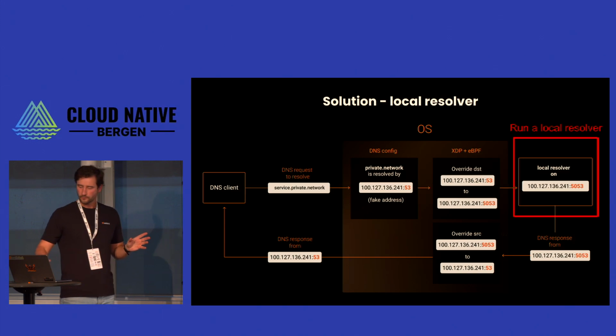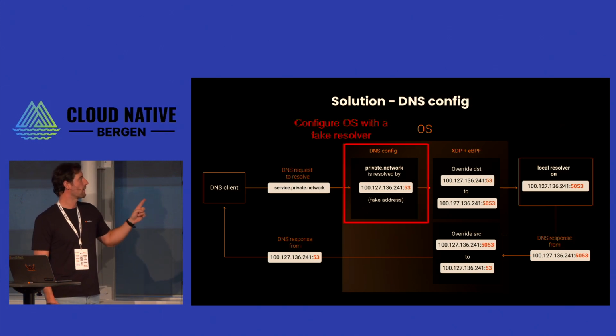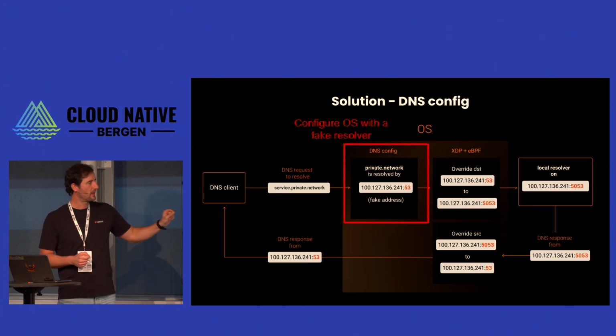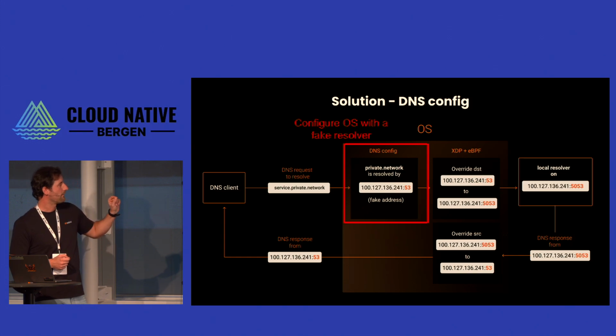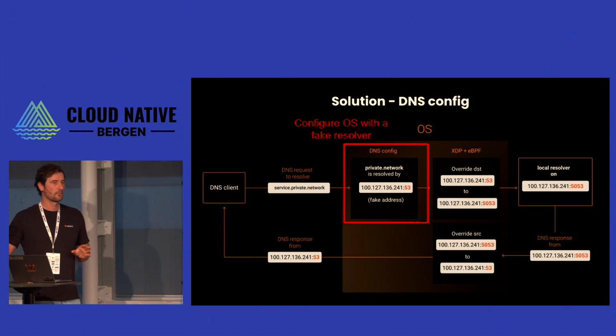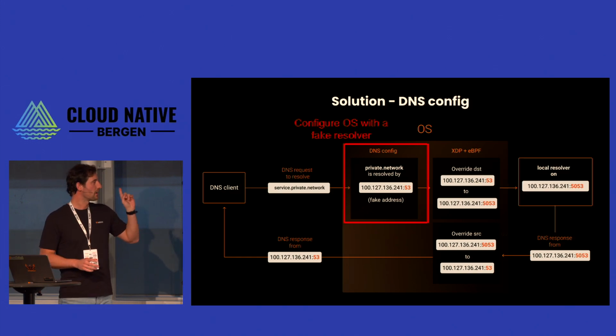And the second thing, we configure the OS with a fake resolver to resolve our private namespace, basically by this resolver. And this resolver doesn't have anything behind it. So it's just a configuration. There is no process running with this port.